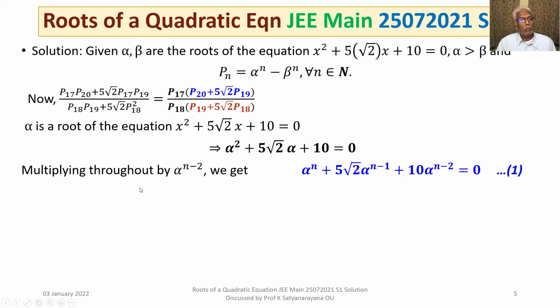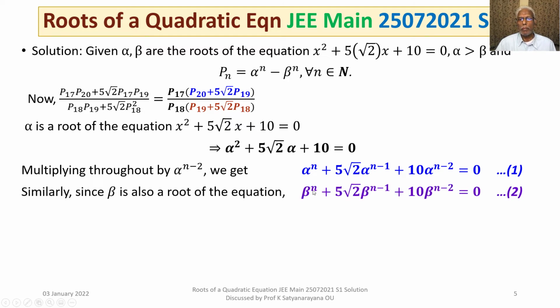So also for beta, since beta is a root of this equation, we also get an equation like beta power n plus 5 root 2 beta to the power of n minus 1 plus 10 times beta to the power of n minus 2 is equal to 0. Let's call this equation 2, and we get this equation similarly as above.